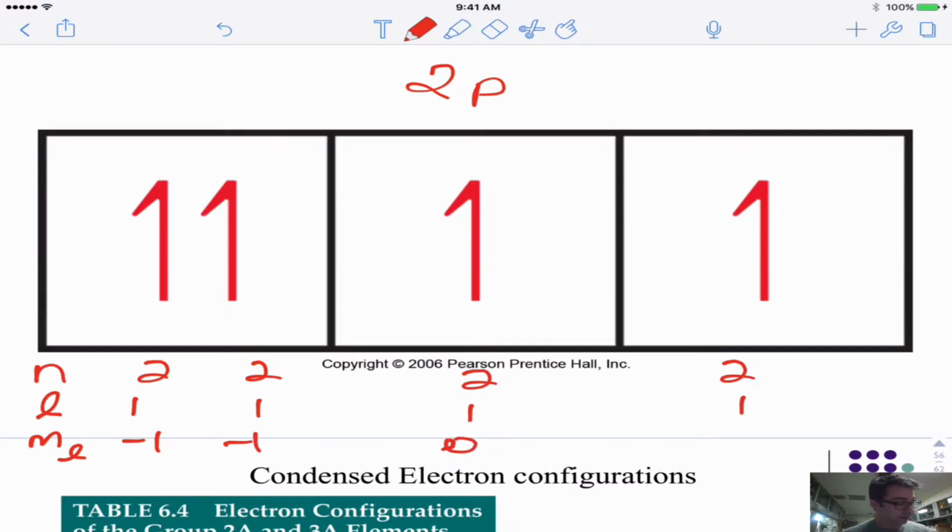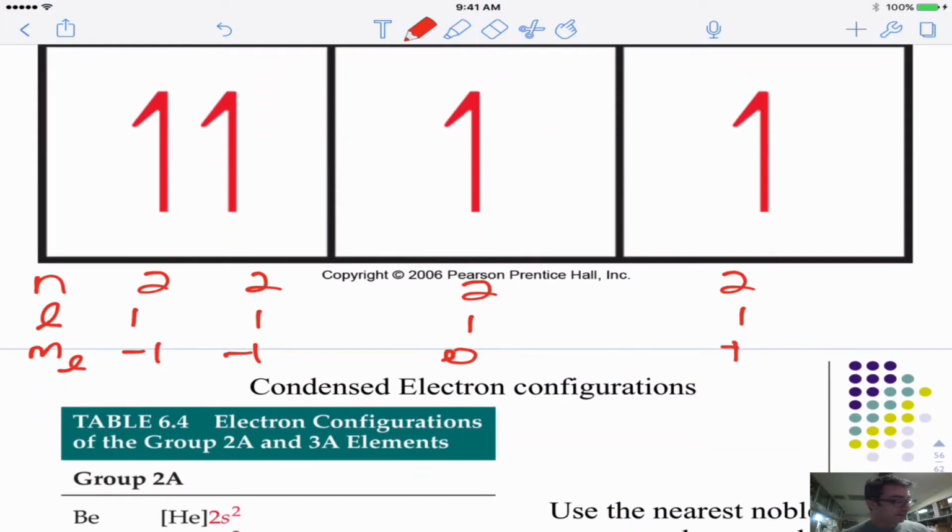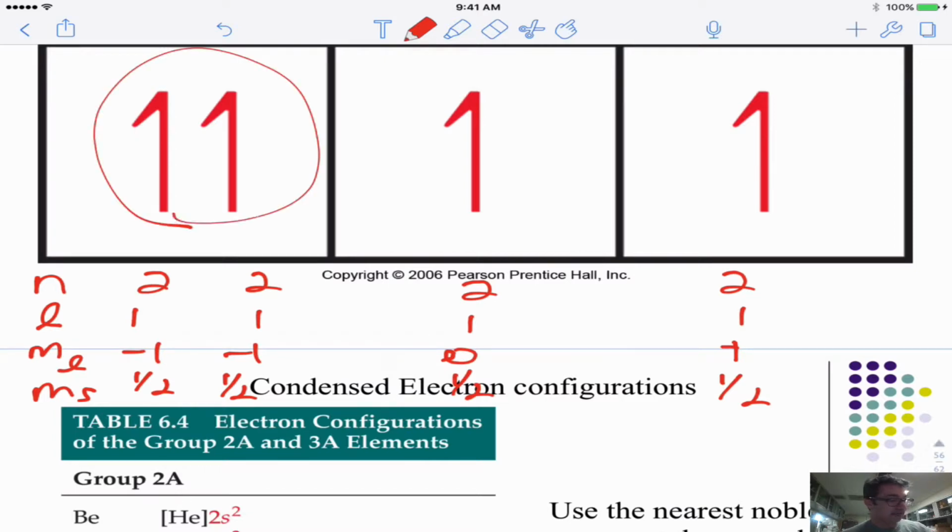This would be in this orbital, and this would be in this orbital. And if I did MS, these would have 1/2 and 1/2, 1/2 and 1/2. So you'll notice these 2 electrons have the same spin, so they have the same 4 quantum numbers. That's not allowed. The Pauli Exclusion Principle says that no 2 electrons can have the same 4 quantum numbers.